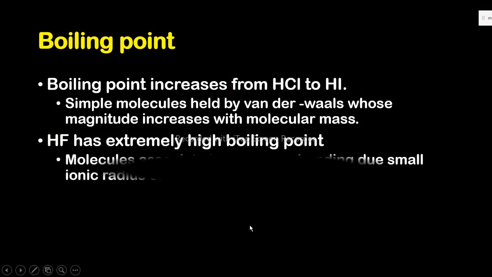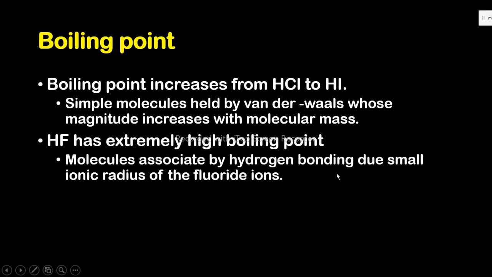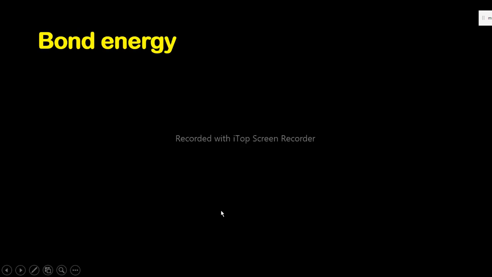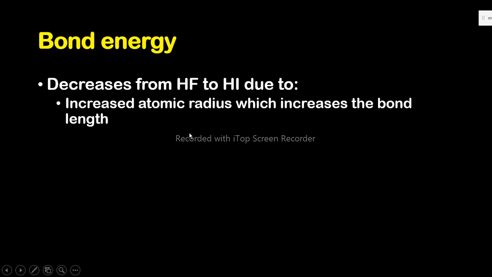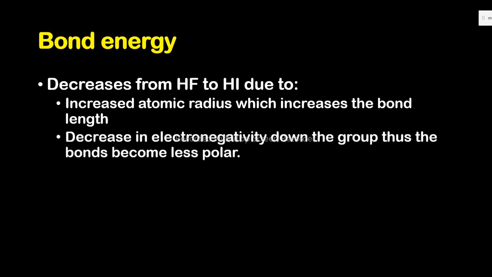Is that good? Yes, so molecules associate by hydrogen bonding due to the small ionic radius of fluorine. Bond energy decreases from hydrogen fluoride due to the increase in atomic radius. As you go from hydrogen fluoride to hydrogen iodide, the atomic radius increases, which increases the bond length, and so the bond is easily broken.